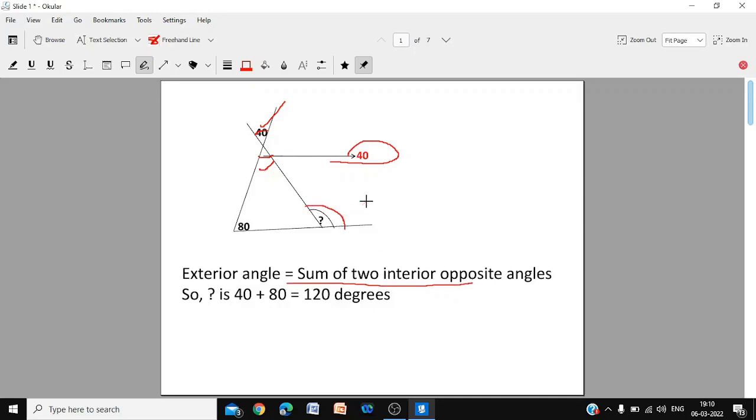So this will be equal to 80 plus 40, that is 120. So we are using first the vertically opposite angles, and second, the two interior opposite angles, this 80 and this 40 together to be 120, equal to this question mark, which is the exterior angle.